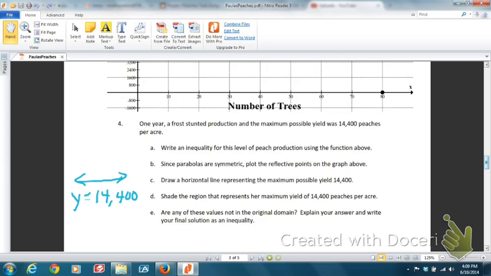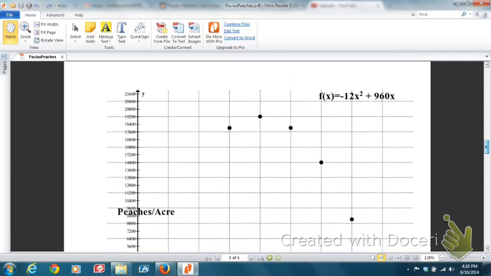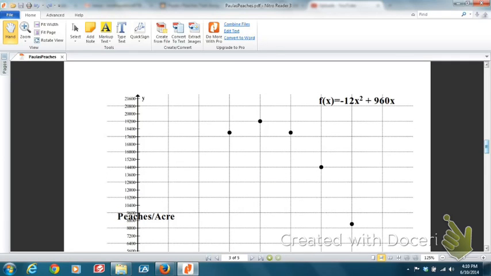So going back up to the top, you're going to look for 14,400 and draw your horizontal line. So right here represents that. Now, you should have already made your points, so there's a point somewhere on this line. I am not going to make it for you.